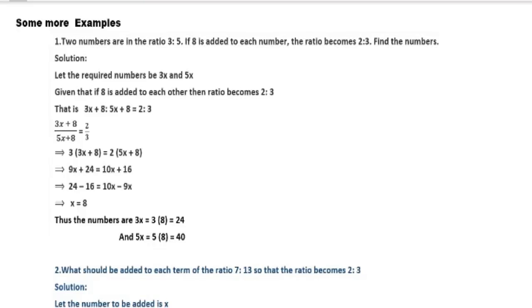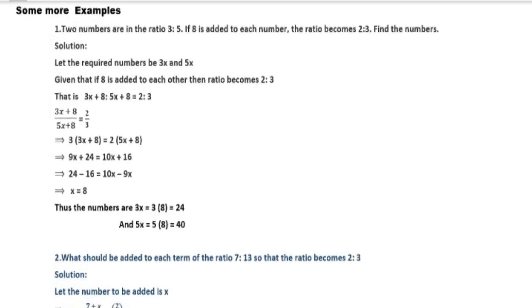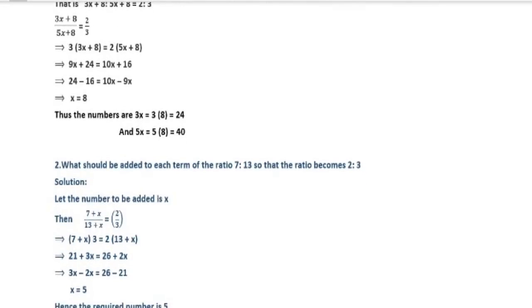Now we will see another example. Second one: what should be added to each term of the ratio 7:13 so that the ratio becomes 2:3? This is also a similar question. To each term of the ratio, we should add one number so that the ratio becomes 2:3. So the number to be added we take as x.